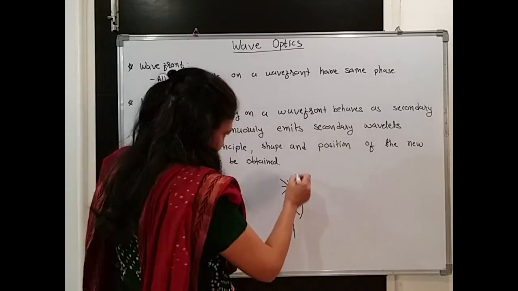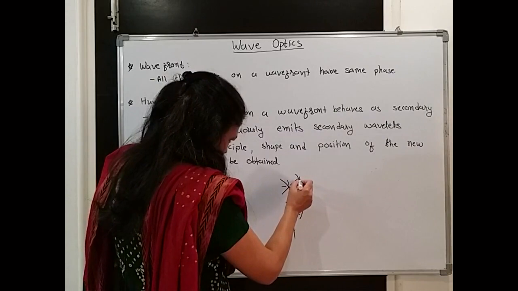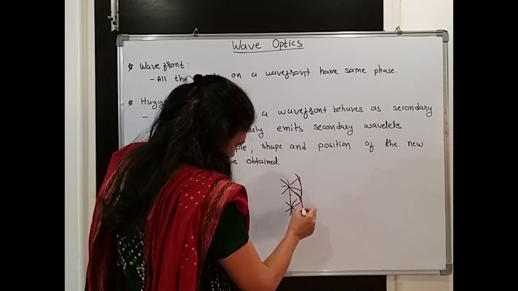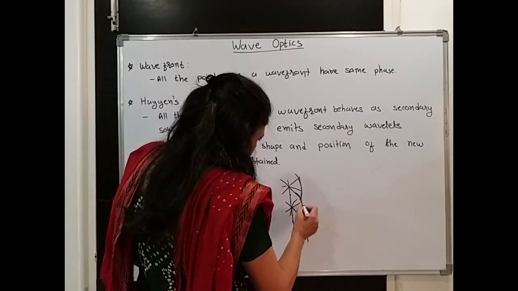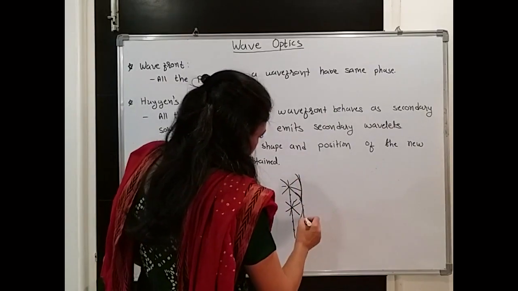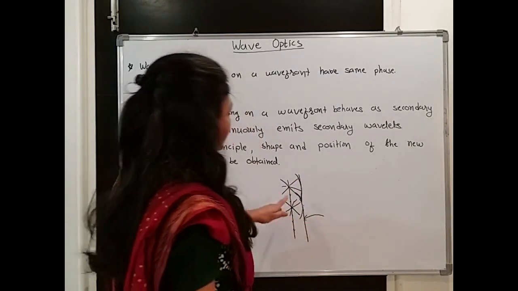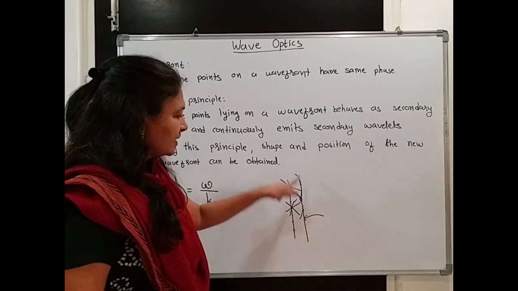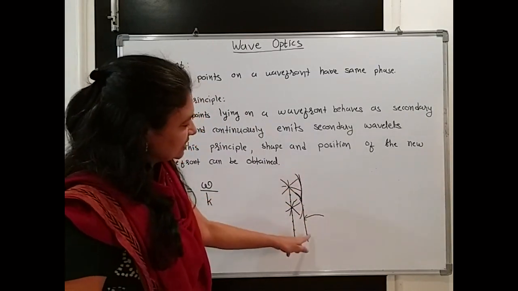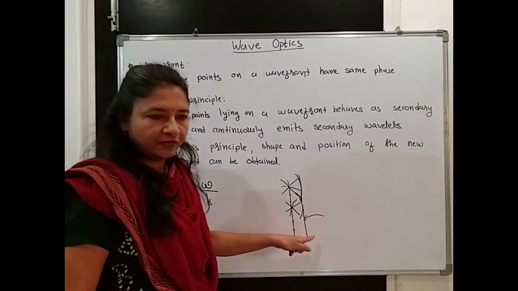So this is your wavelets. I am drawing the tangent. This tangent gives me the position of the new wavefront after some time, and as you can see, this wavefront is a plane wavefront.